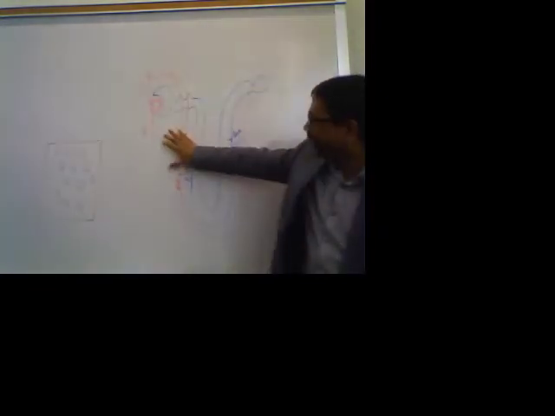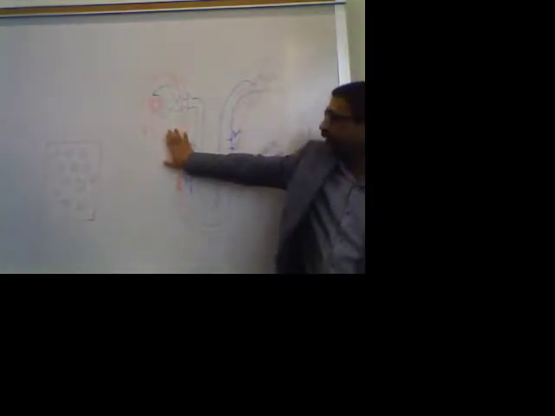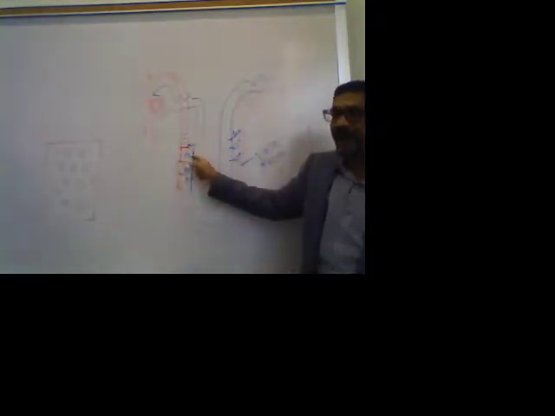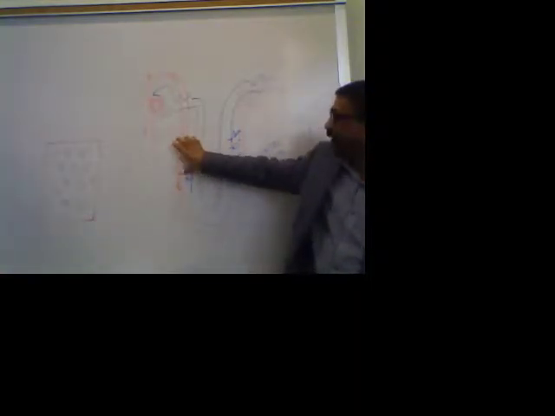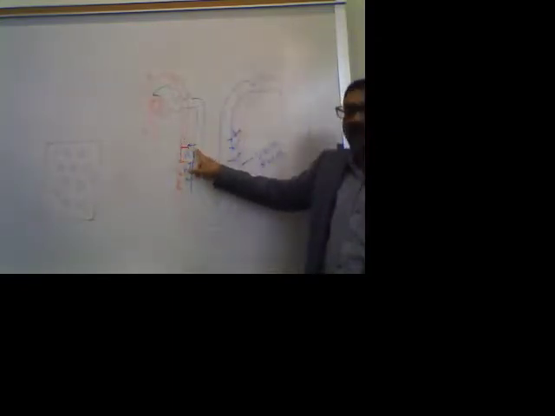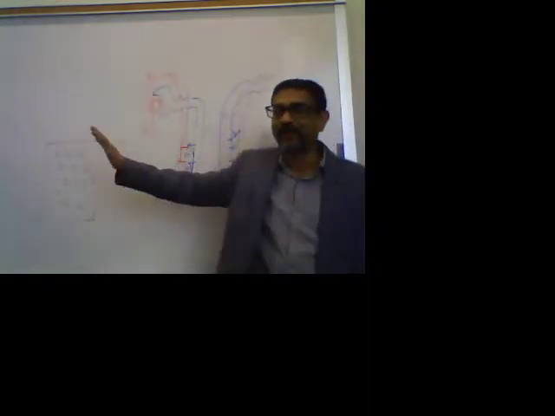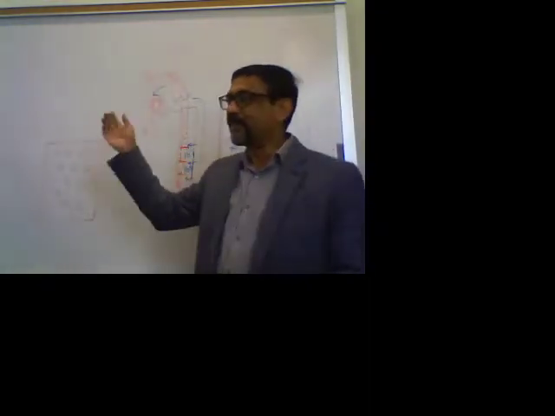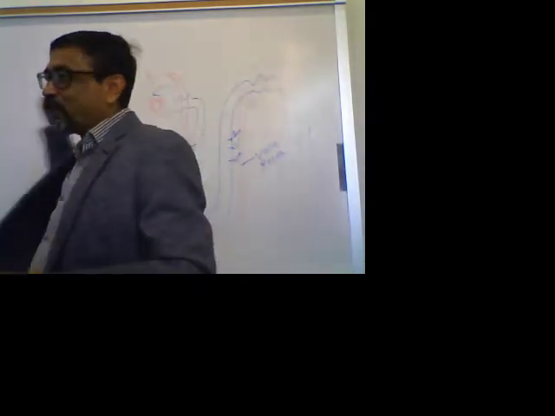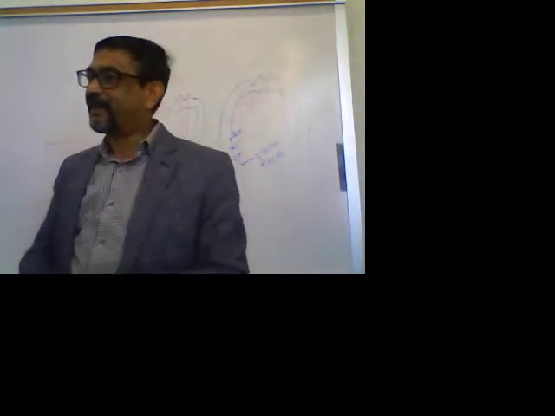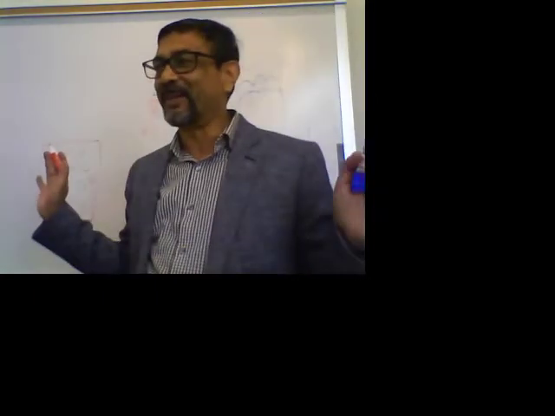Just think that if Vasa Recta is not here, water will continuously get out, right? At one point, what will happen? The pressure of water will be high here. Make sense? And that will stop further reabsorption of water. Because if the pressure is high here, no water will be able to get out. Is it clear? So it is continuously taking that water and taking it away. So this is very important. Otherwise, urine formation will not occur. Make sense?